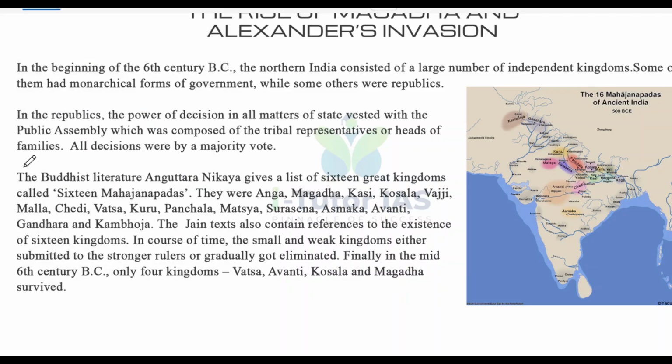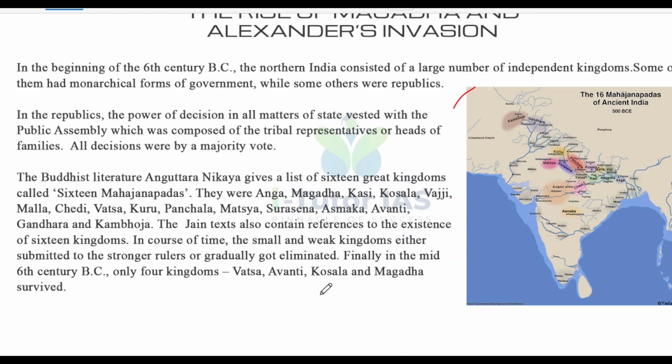The Buddhist literature Anguttara Nikaya gives a list of 16 great kingdoms called the 16 Mahajanapadas. Look at this Indian map of the 16 Mahajanapadas, so you will get a better idea of the location. You can Google it also.